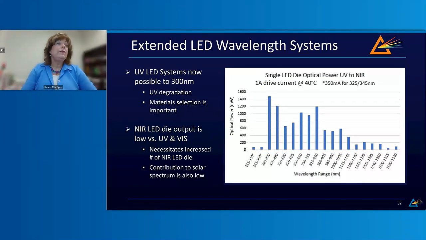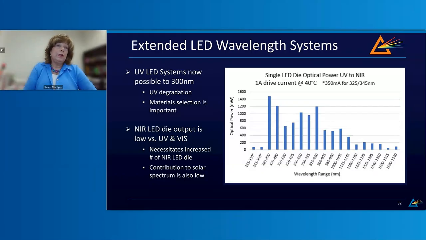So with the latest developments in LED dies, LED solar simulators can now extend down to 300 nanometers. But there are design considerations, of course. Material selection is important. The bar graph on the right illustrates the relative output for various LEDs from UV to near IR, even down as far in the UV as 325 nanometers.